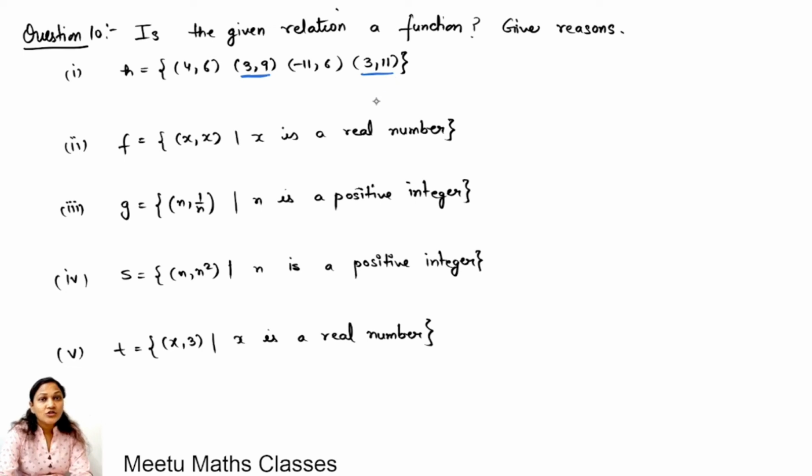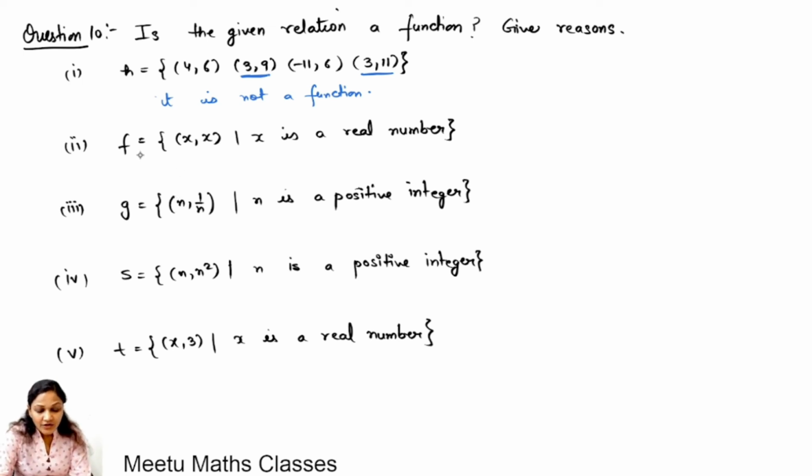So 3 has two different images. But for a relation to be a function, every element in the domain must have a unique image in the codomain. So it violates the condition, so it is not a function.